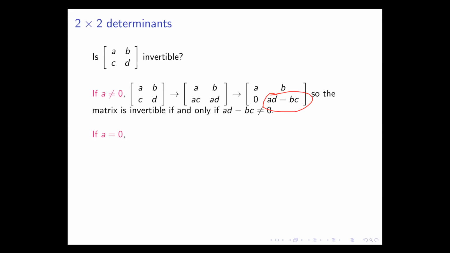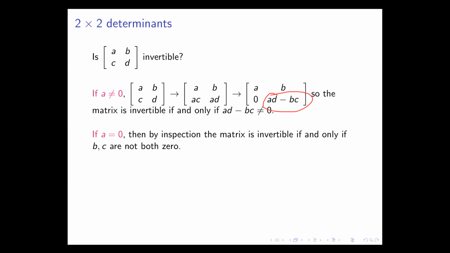Now, if A is equal to 0, then we cannot use it as a pivot anymore. So we need to use the second row as the pivot, so we can swap them around. And then by inspection, the matrix is invertible if and only if B and C are not both 0.